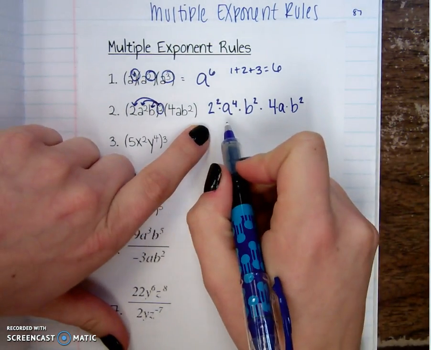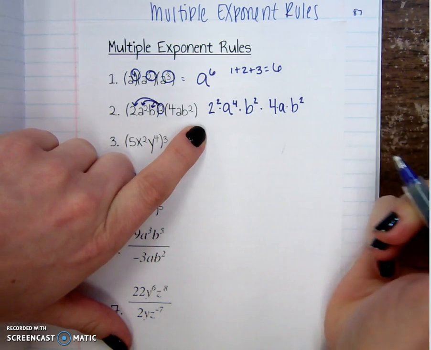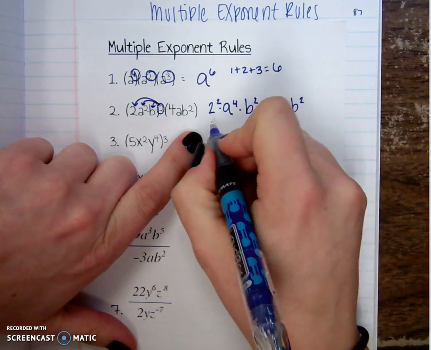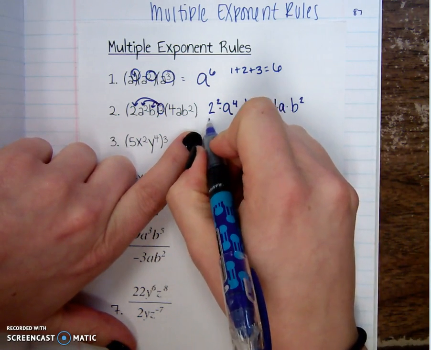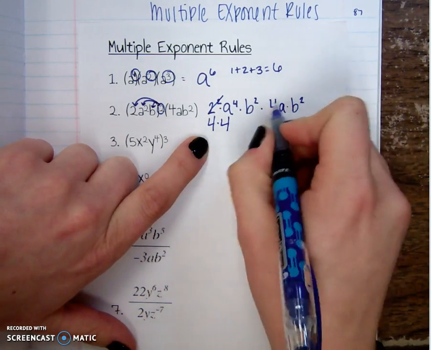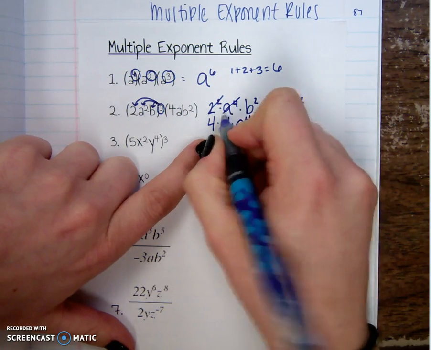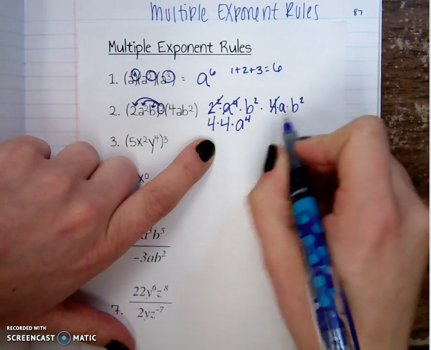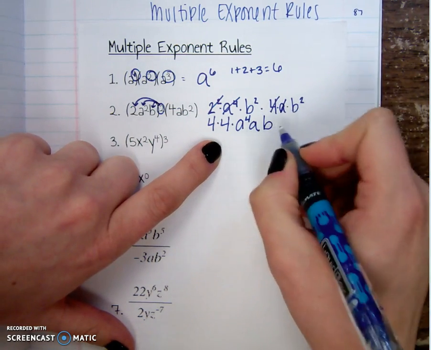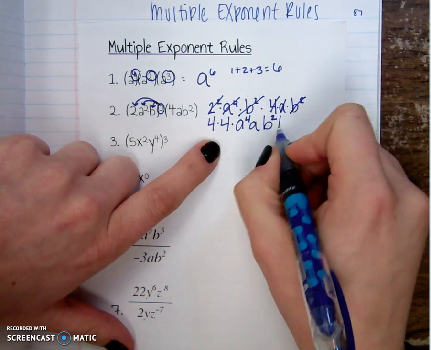So we need to simplify here. Let's get all of our numbers or our coefficients together and all of the like terms together. So I have 2 squared, which is 4, times 4, times a to the 4th, and times a, and then I have b squared and another b squared.